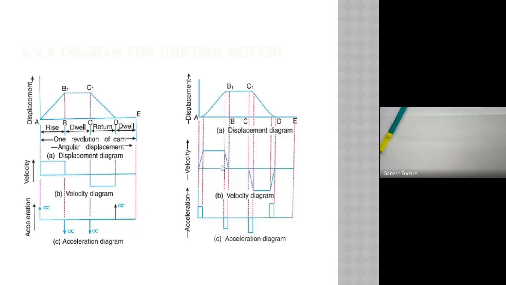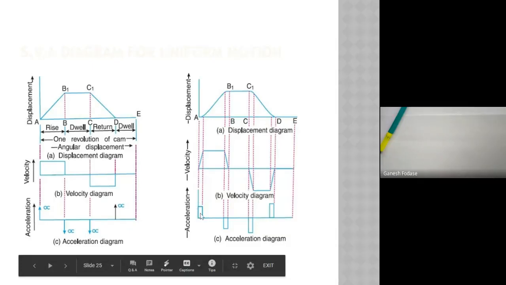So at the start and end, the velocity increases from 0 to some constant value, and the time required to reach this velocity from 0 to a finite value is changed. In the initial case, it was 0 time, but now it takes some time. So the acceleration is not infinite, but finite. Hence we can see acceleration is finite for this period of time. Again it becomes 0, then again finite and again 0. So this is your acceleration diagram.